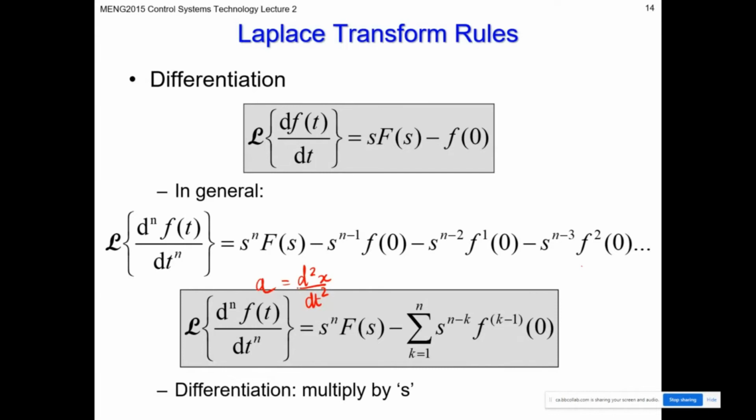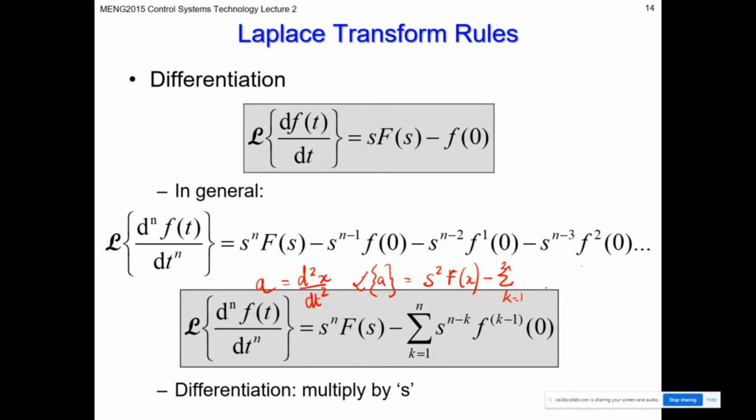So if we wanted to take the Laplace transform of a, in this case the acceleration of some body, then that would be s squared times f of x, because a is d2x, so x is really the function, minus, then because we're dealing with position, we have to get the initial condition.